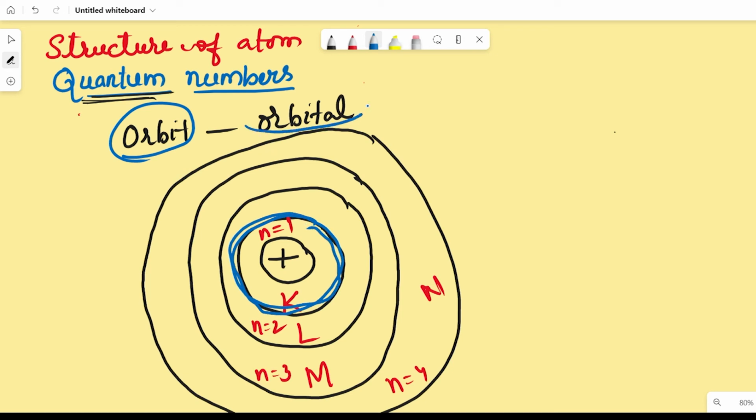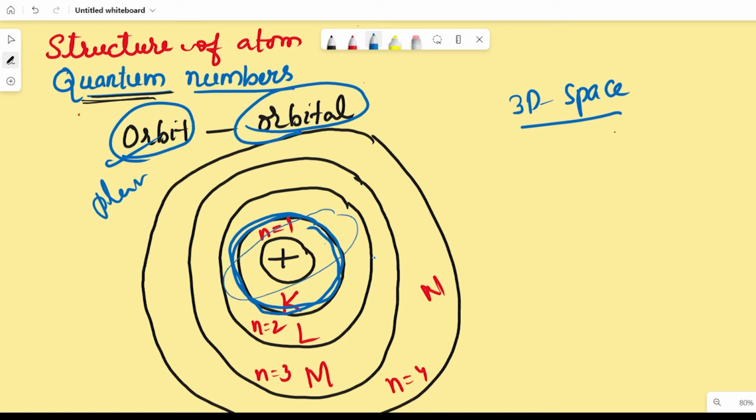Orbital means it is the space around the nucleus where the probability of finding an electron is highest, which means orbital means the three-dimensional space. Orbit means it is only a plane. In this atom, the electron will rotate in this direction, in this direction, or in this direction, which means in three-dimensional space.